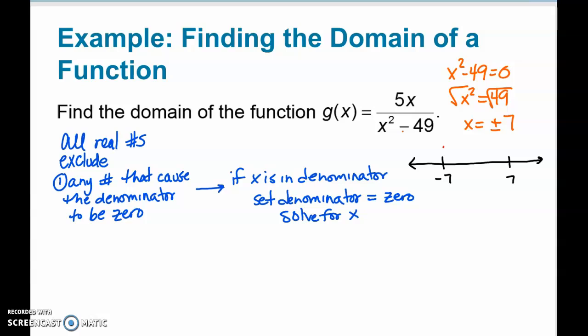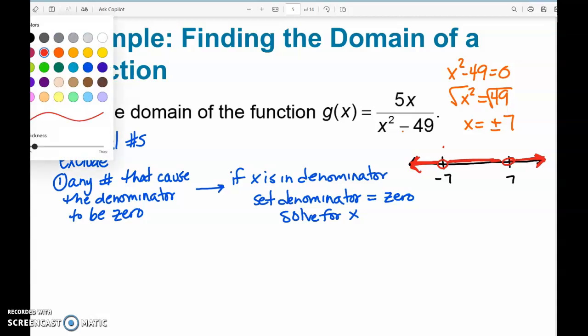So I drew this number line, and I'm going to draw the values that so far work. Below -7, between -7 and +7, and then above 7. So far we have this.